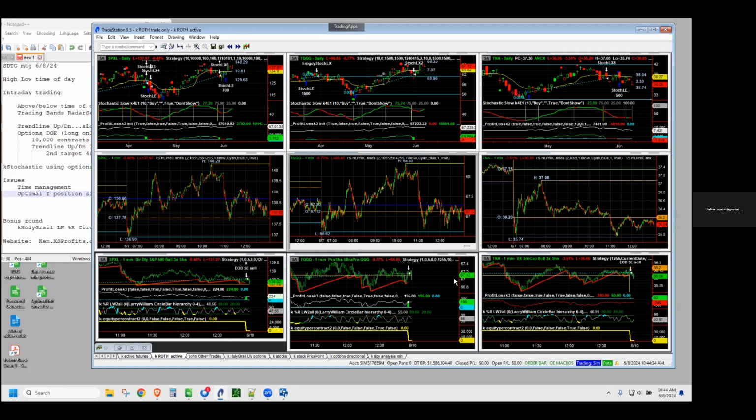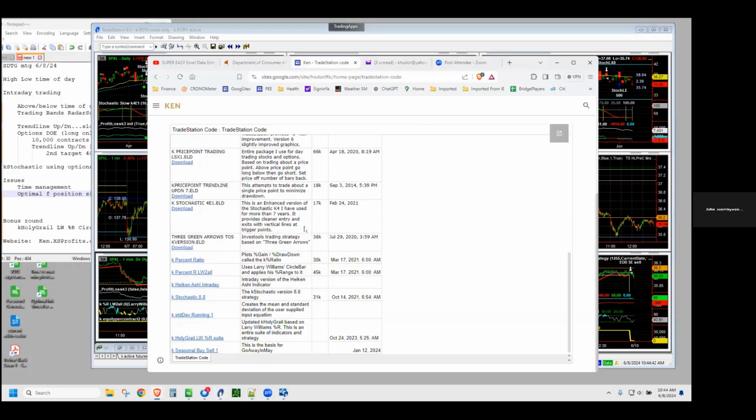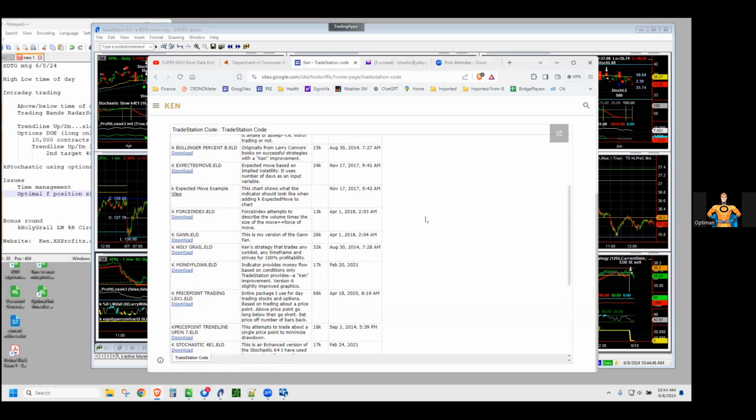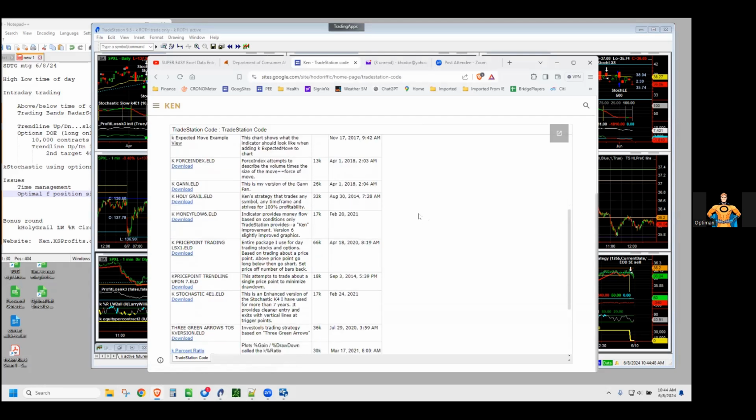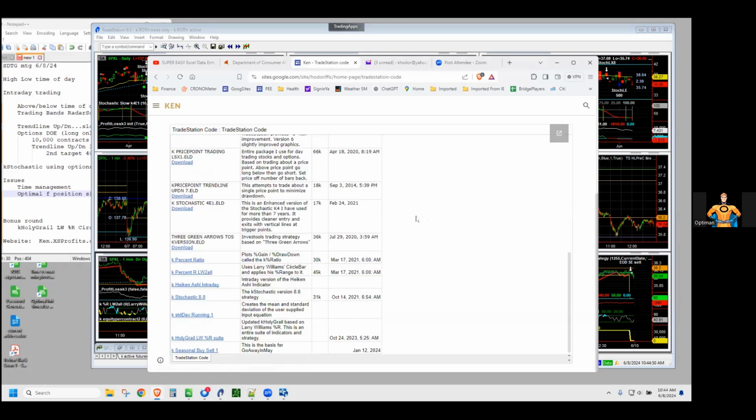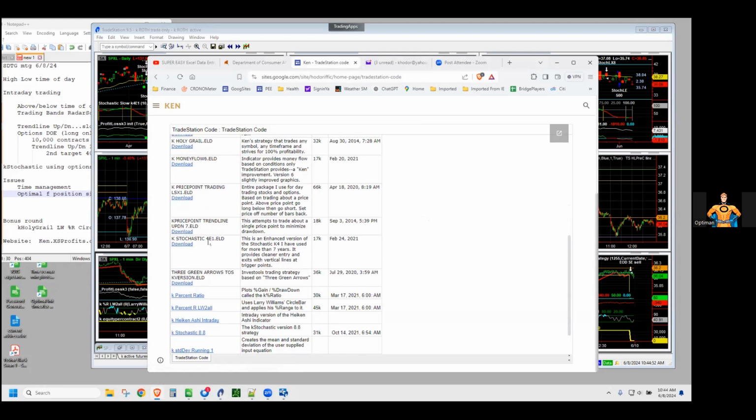Code for the case stochastic. It's there on your website, correct? Yeah. Just go to ken.excessprofits.com and then look for the TradeStation code there, and you'll see this is the indicator here, the case stochastic 4E1.